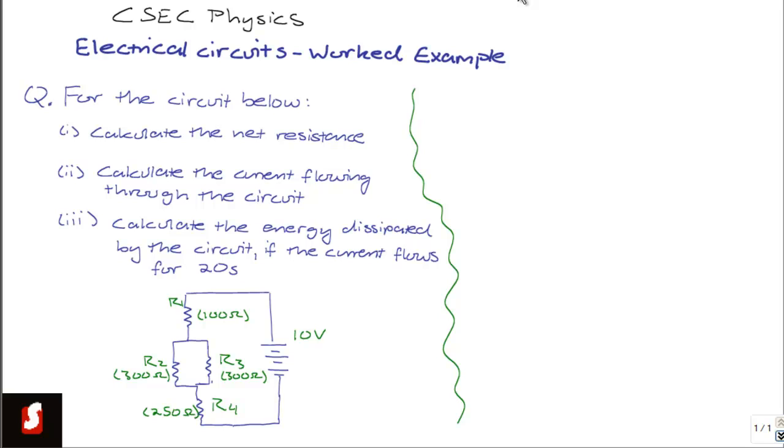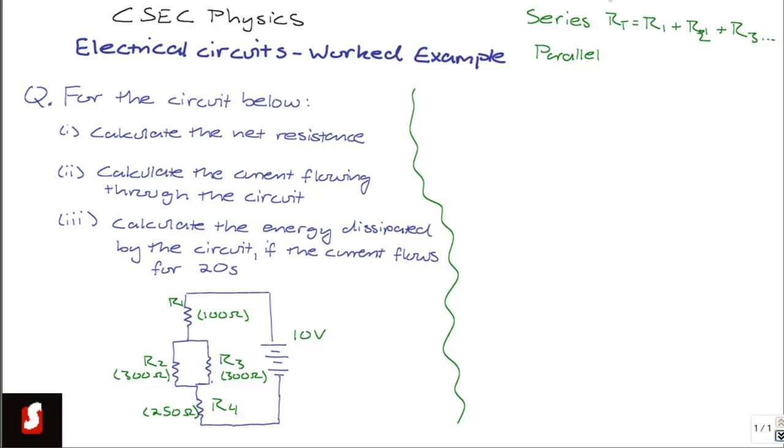Now resistors can be put together in a circuit in two main ways. They can either be in series or in parallel. For resistors in series, the total resistance is the sum of R1 plus R2 plus R3 and so on.